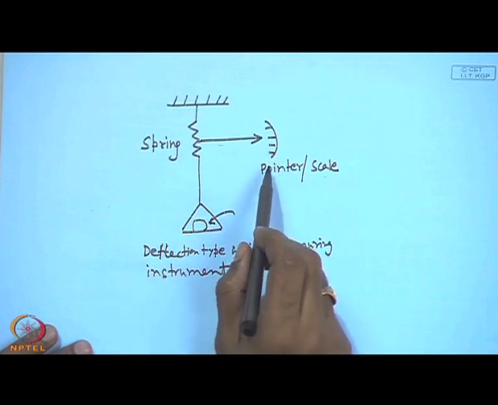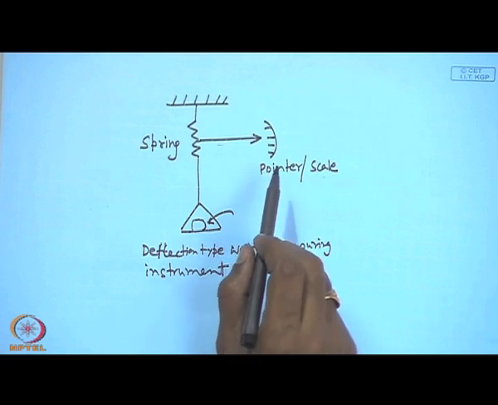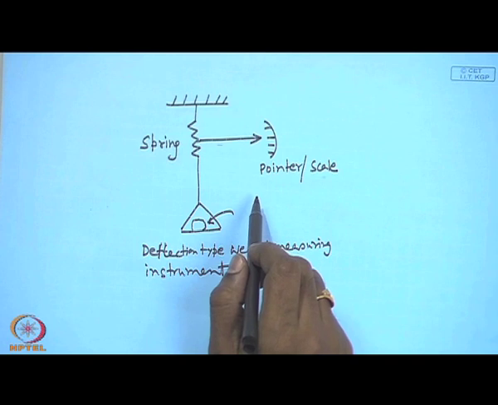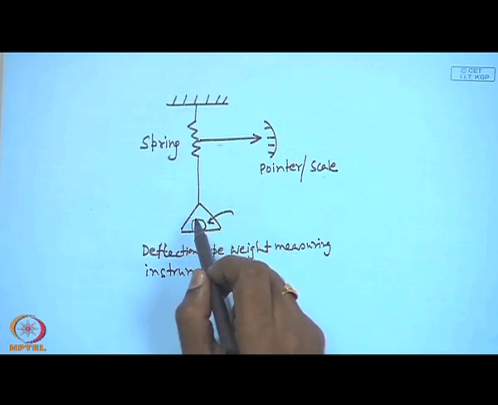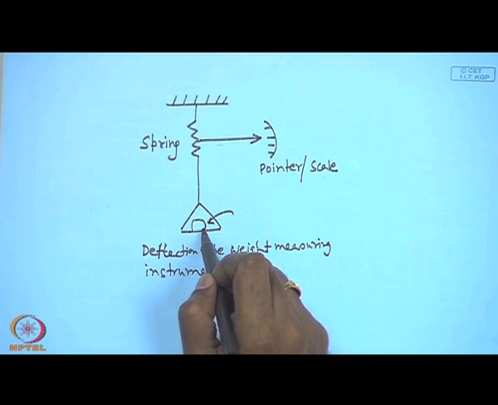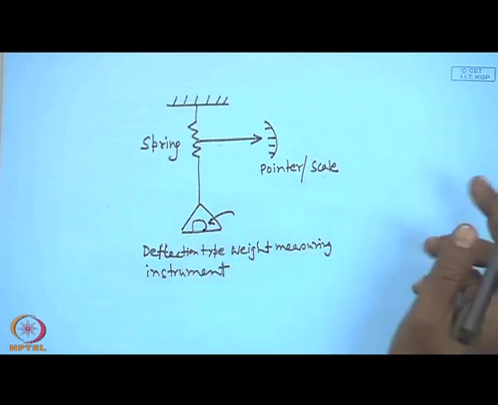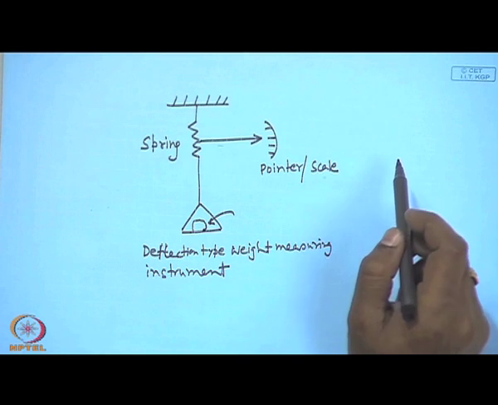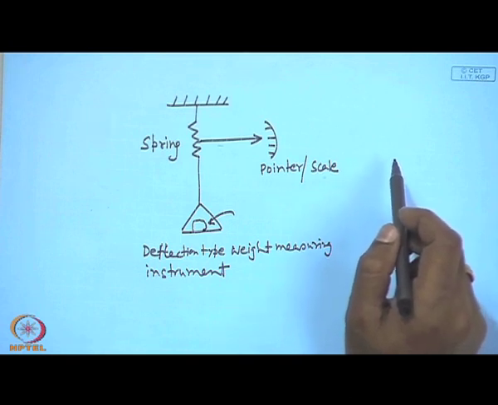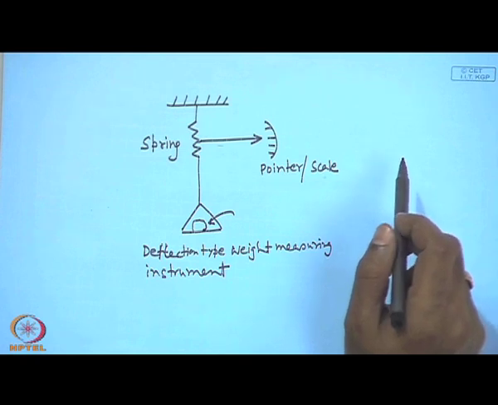So, this is a very simple example of deflection principle. The example of Bourdon tube we have just seen in our discussion on functional elements.